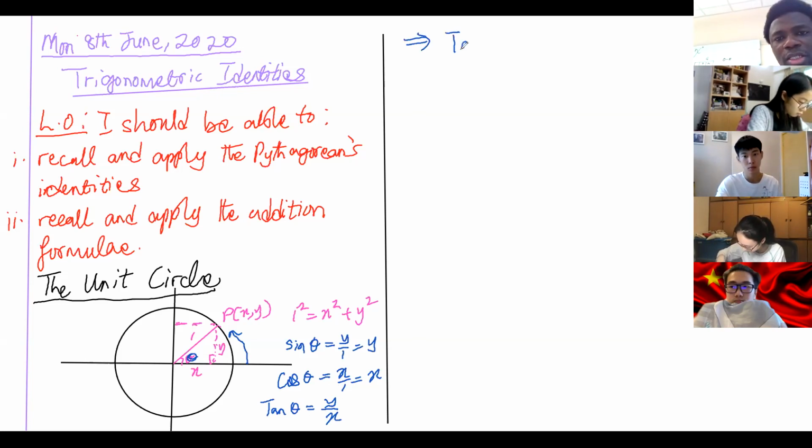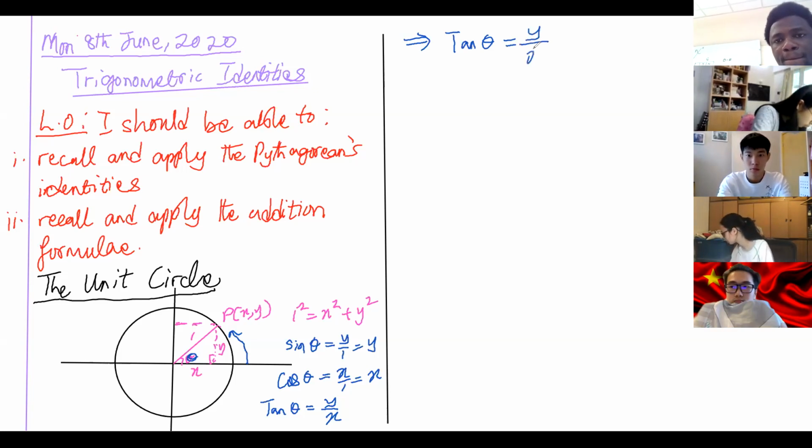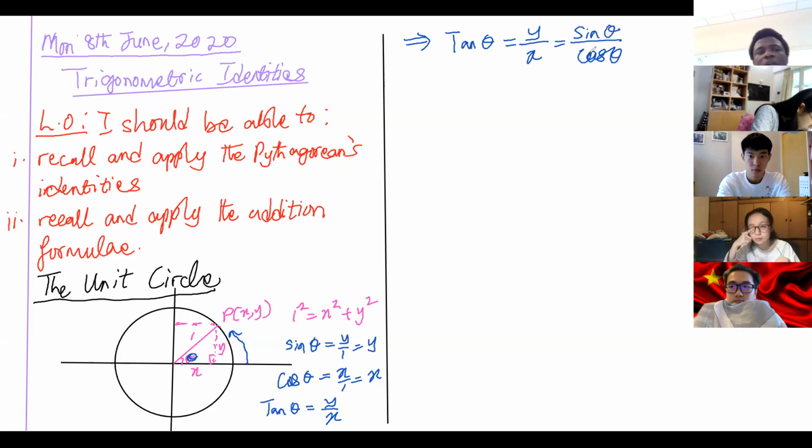It actually means that tan theta, which is Y over X from here, is sine theta divided by cos theta. So that is one trig identity.